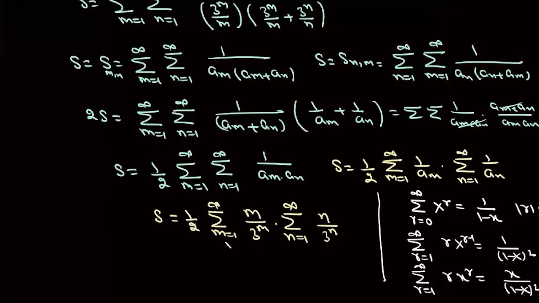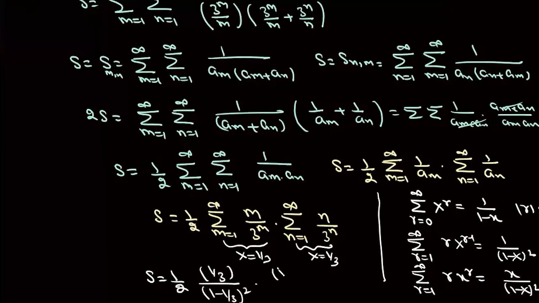Now for this one, x is 1 by 3, and here also x is 1 by 3. So this s will be 1 by 2, and this is 1 by 3 upon 1 minus 1 by 3 whole square, and this also is 1 by 3 upon 1 minus 1 by 3 whole square.